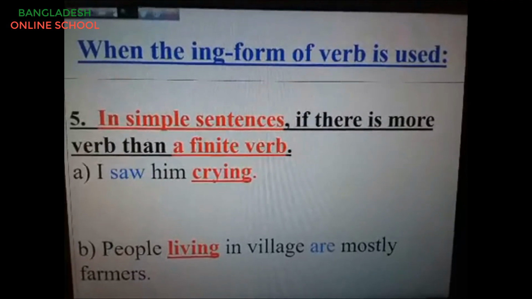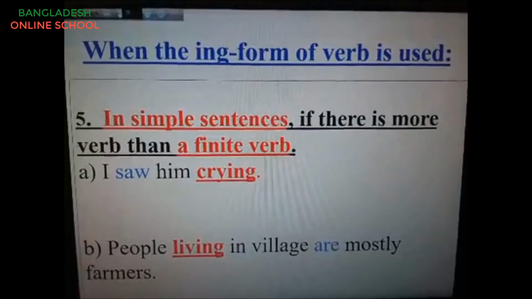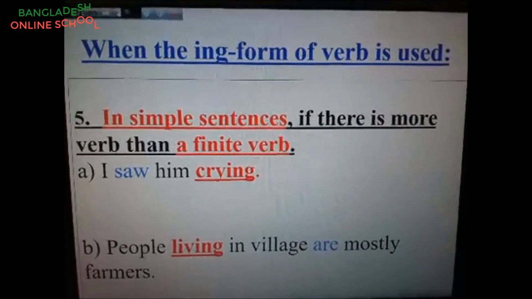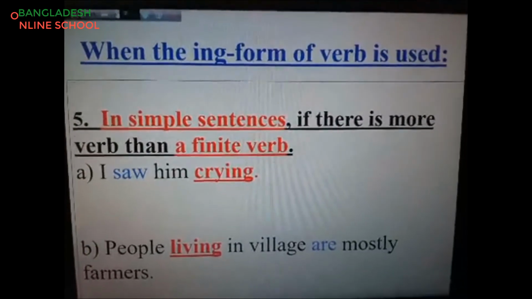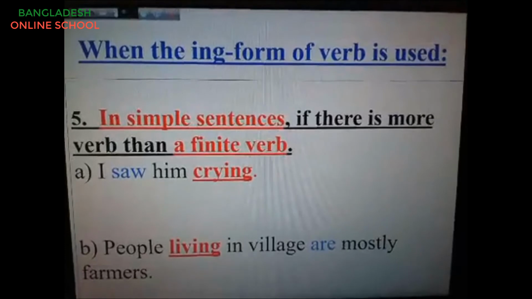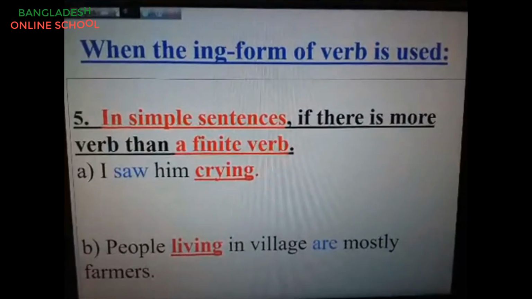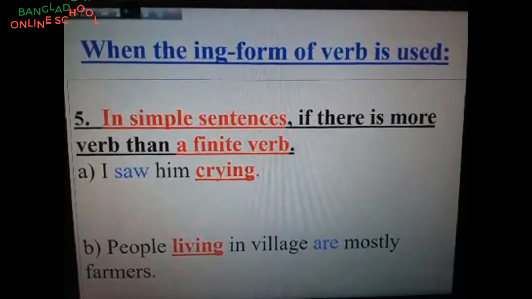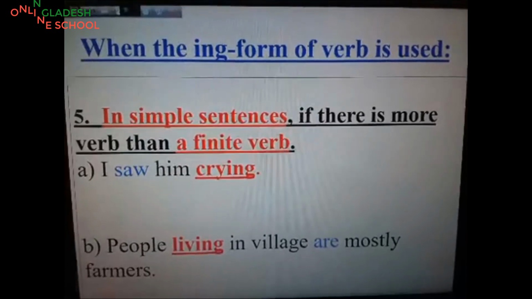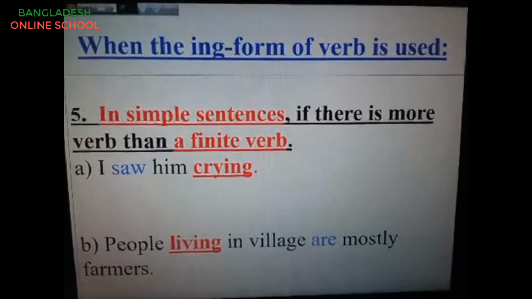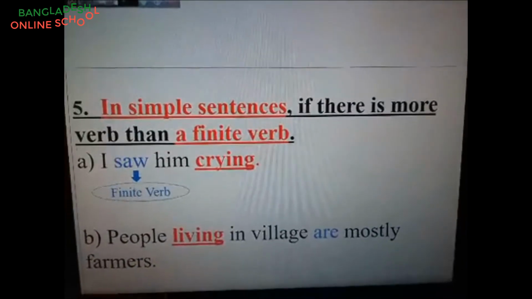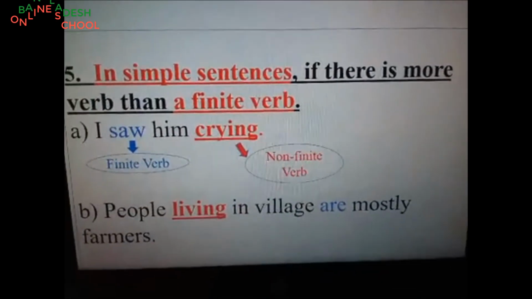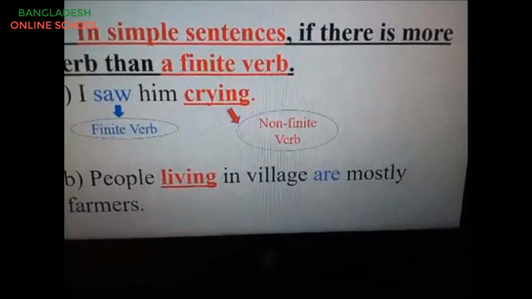This is a simple sentence. In this simple sentence, saw is a finite verb. After saw, there is another verb, cry, and this cry is used in the -ing form. Saw is a finite verb, crying is a non-finite verb.